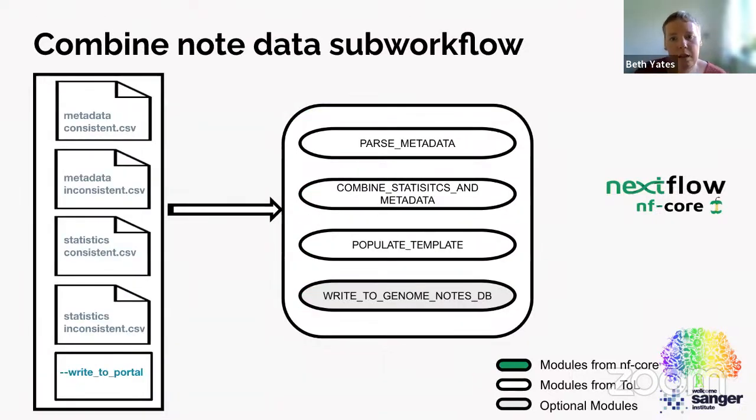And then the final step in the pipeline is pulling all of the information together from the different sub-workflows. So these are the files that I was talking about earlier, the consistent parameter file and the inconsistent parameter file.